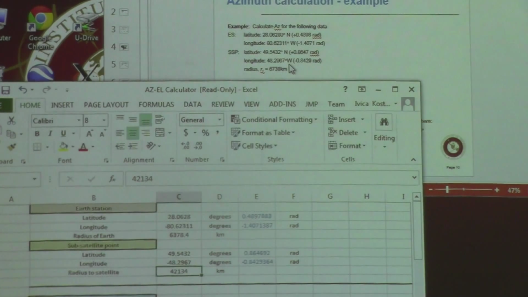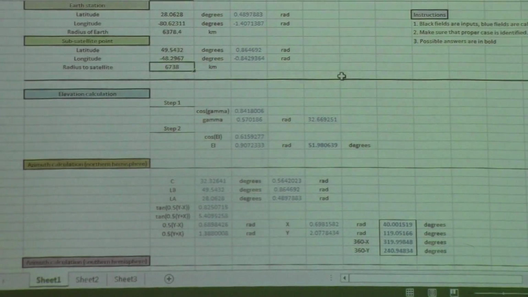And then the radius to the satellite is 6,738. So it's a very low orbiting satellite, only 300-400 kilometers above the surface of the Earth. This is, I assume, the International Space Station again.